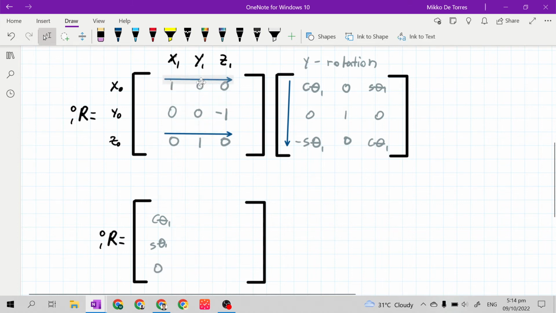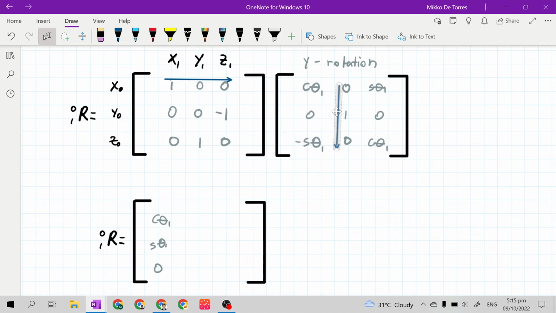So we will go now to the second column. Again, we will repeat the first row, then multiply it to the second column of the second matrix. So 1 times 0, 0 times 1, plus 0 times 0. So we will get 0.